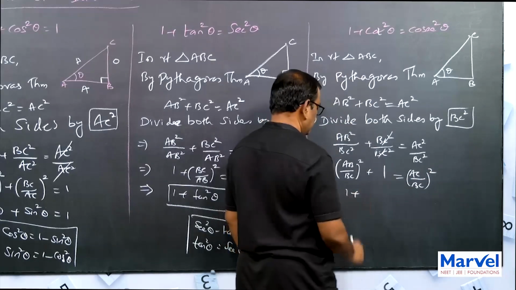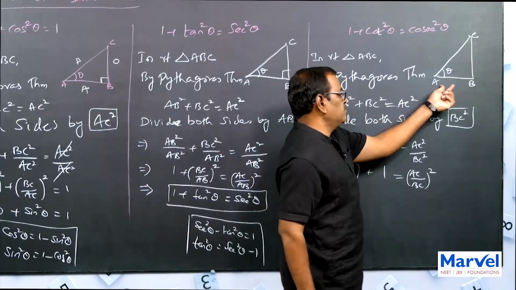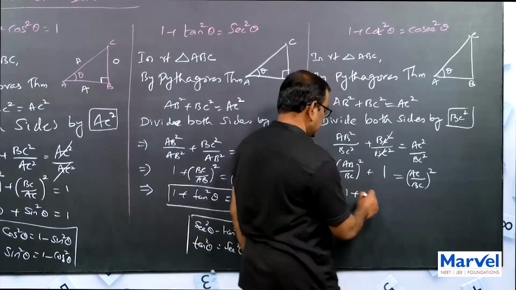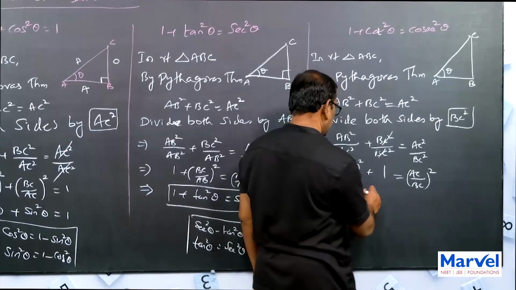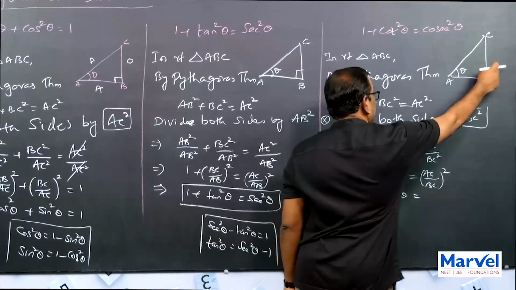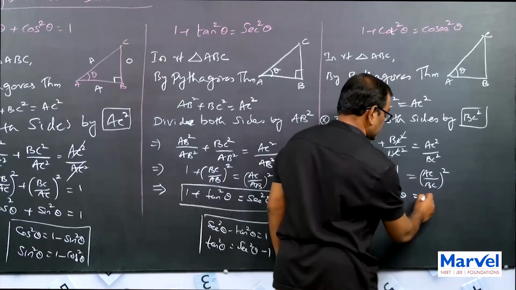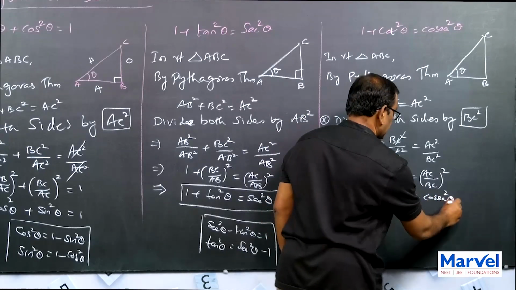AB by BC, adjacent side by opposite side, is cot theta. So 1 plus cot square theta equal to (AC by BC) whole square, hypotenuse by opposite side. What is hypotenuse by opposite side? Yes, it is cosecant theta, so cosecant square theta.